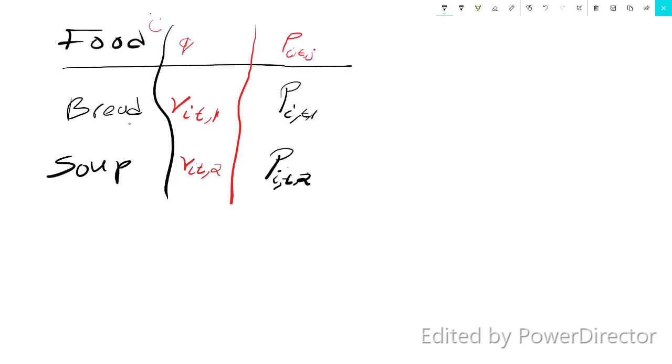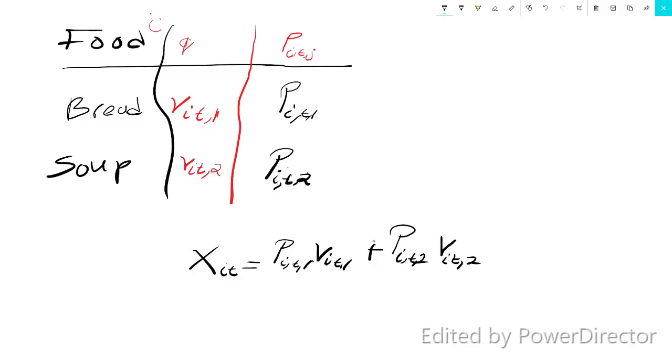If I told you what is the expenditure in year T for commodity I, we're going to represent this as big XIT, and this is going to be equal to what? It's going to be equal to the price PIT1 times the quantity that has been consumed, VIT1, plus the price of soup, in our case PIT2, times the quantity that has been used for soup, VIT2.